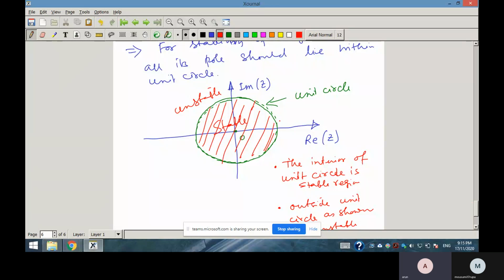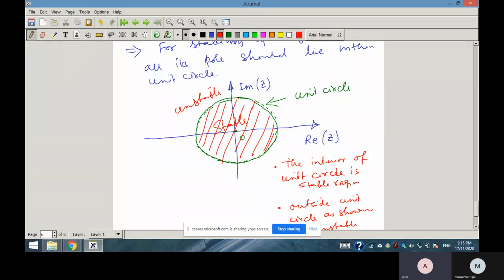In case of a continuous time system, the left half of S plane is stable and the right half of S plane is unstable.